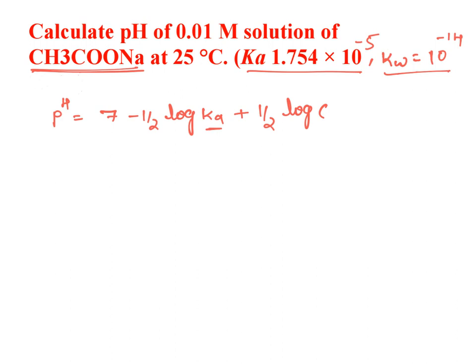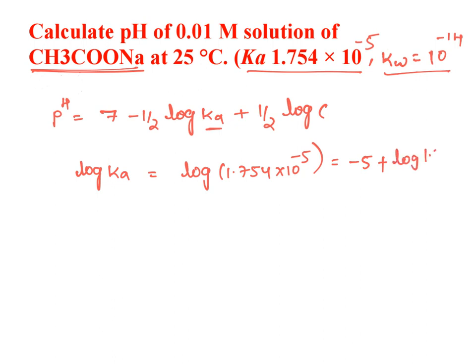Now we have to work on log Ka. Log Ka equal to, what is the Ka value? 1.754 into 10 power minus 5. This becomes minus 5 plus log 1.754.